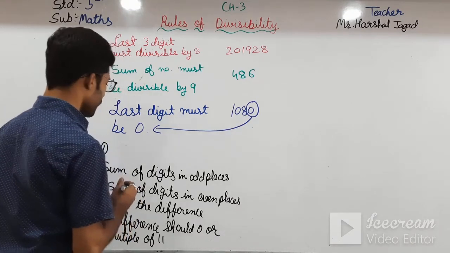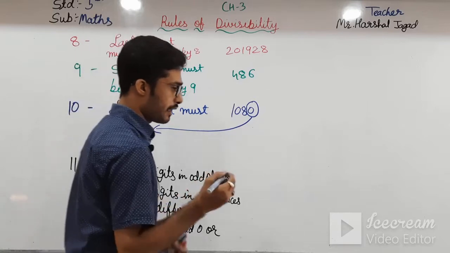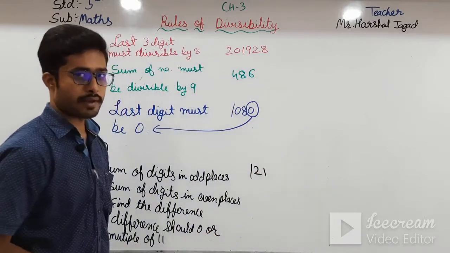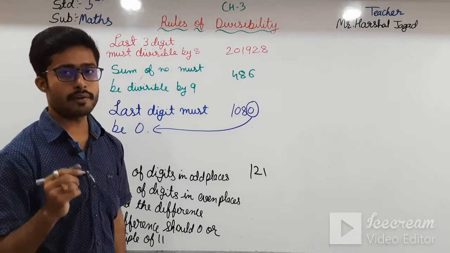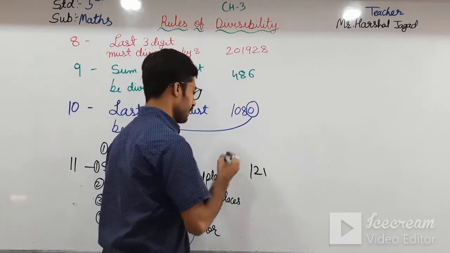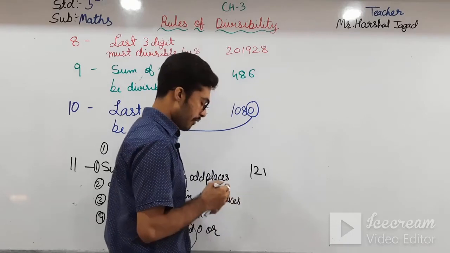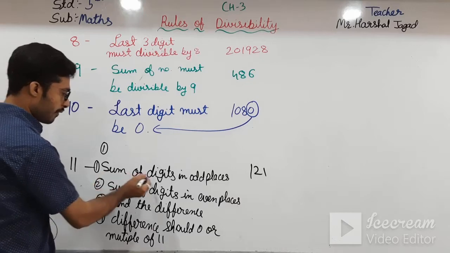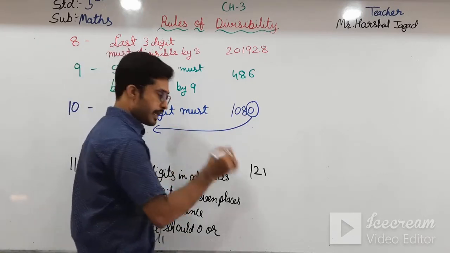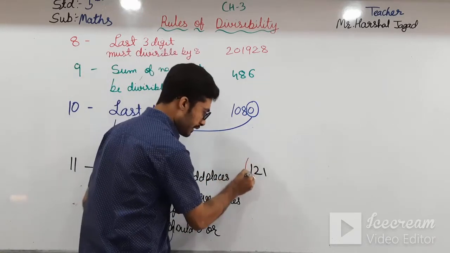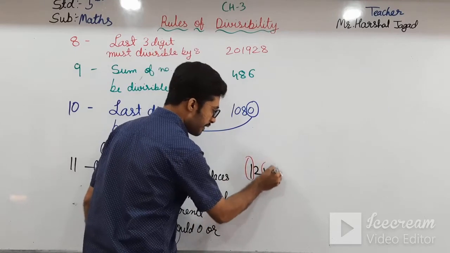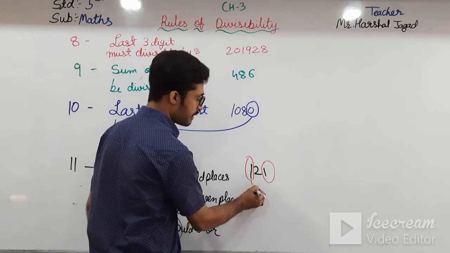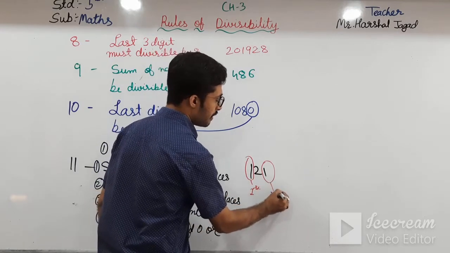So, for that, if I take a number 1 to 1, then first of all we have to take the sum of the digits in odd places. You can see here the odd places: this is 1 and 3, this is first place, this is third place.